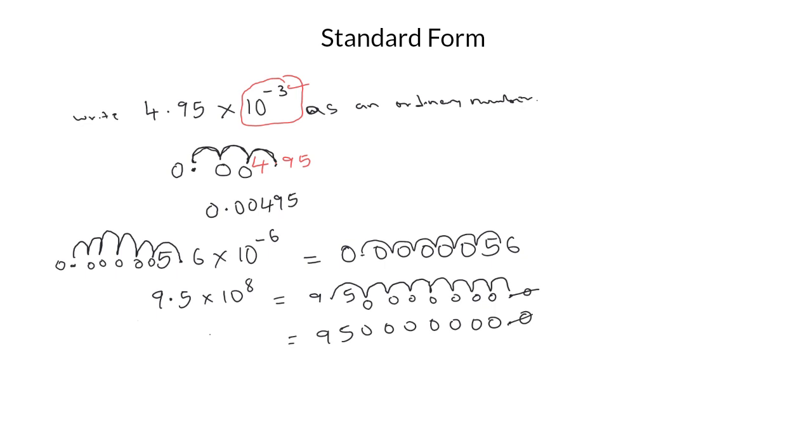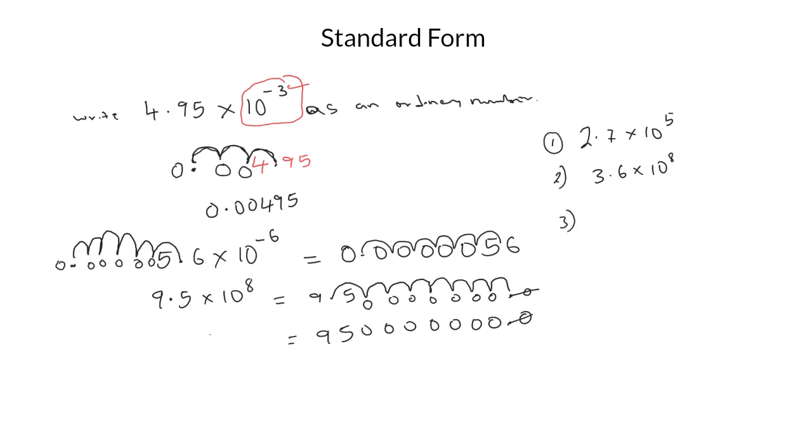So can you try it for all the examples and exercises you've done? And if you've done that, you can also check with these. Write all of these in ordinary form. The first is 2.7 multiplied by 10 to the power of 5. The second should be 3.6 times 10 to the power of 8.